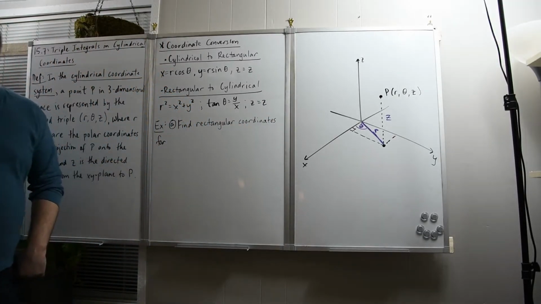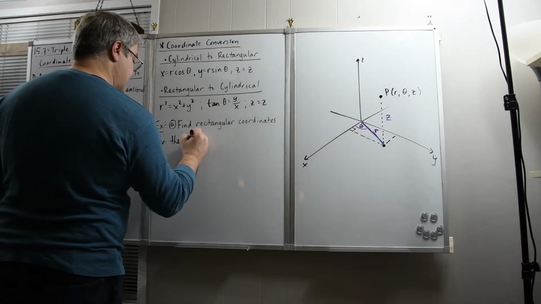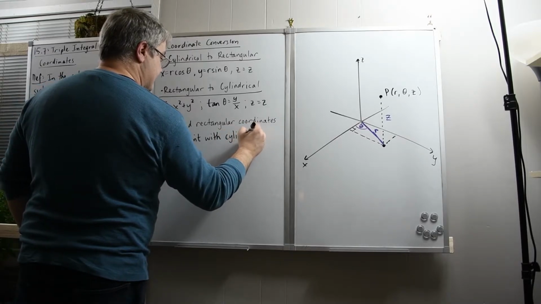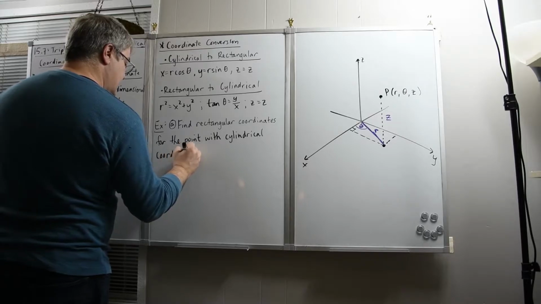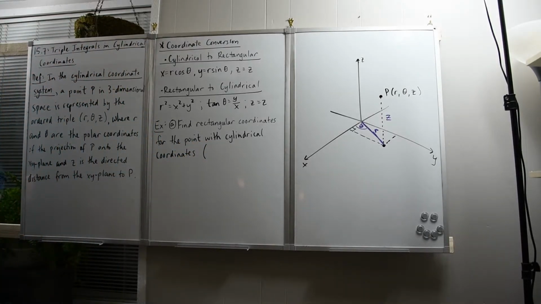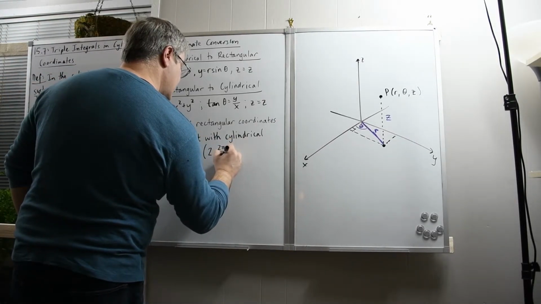So, find rectangular coordinates for the point with cylindrical coordinates 2, 2 pi over 3, and 1.